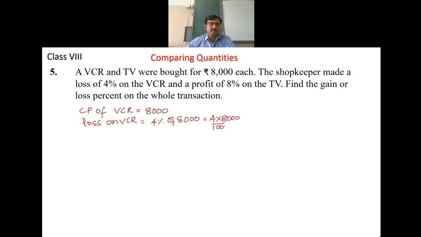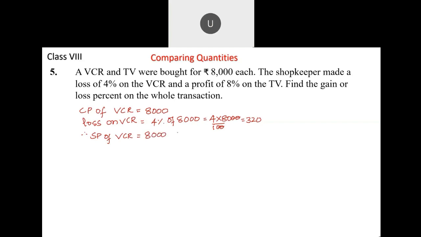When we simplify, we get 320. Therefore, the selling price of VCR will be equal to CP 8,000 minus 320, and this will be 7680.